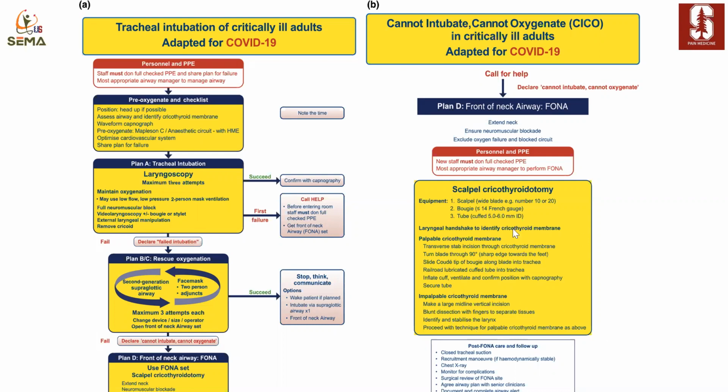And this is again the same for the cricothyrotomy, what you need to do. And after you do the surgical airway, what are the things that you need to do? Like the recruitment maneuver, check the chest X-ray, and so on.